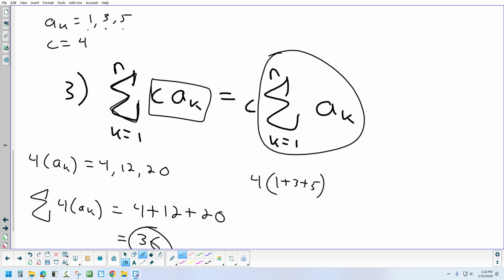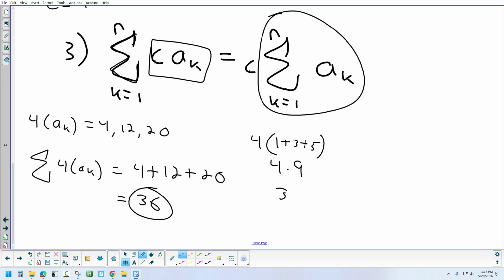Yep, you get 9. That's the sum of every number in sequence A. And then the 4 is in front of it. What's 4 times 9? Yeah, 36. So you get the same answer.